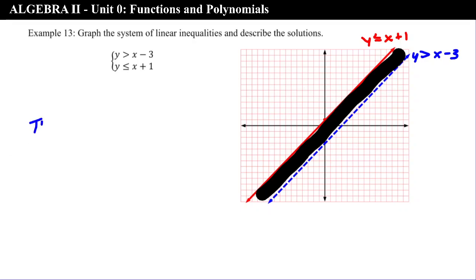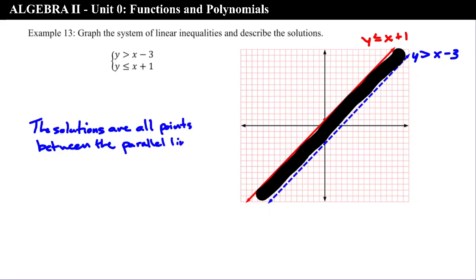So the solutions are all points between the parallel lines and on the solid line, since there's only one of them.